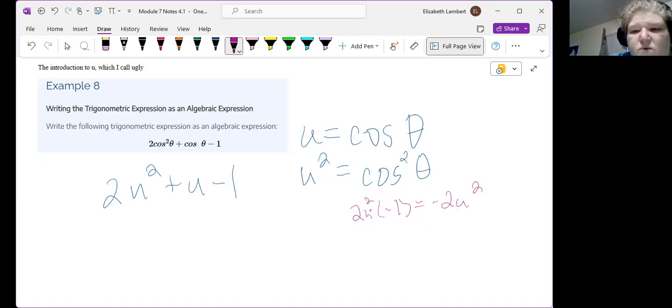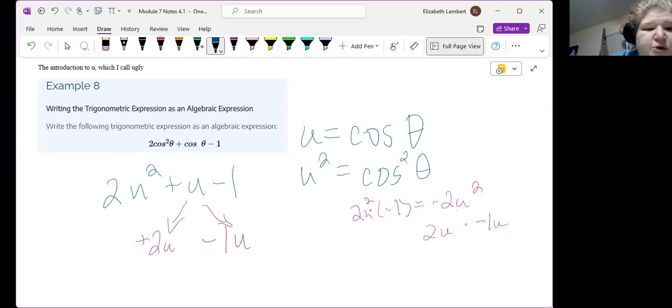All right, so negative 2u squared I can get by multiplying positive 2u times negative 1u. And if I add those, I'll get positive 1u, which is what I want. So I'm going to say my 1u here is the same as 2u minus 1u. Then I'm just going to recopy the other parts.